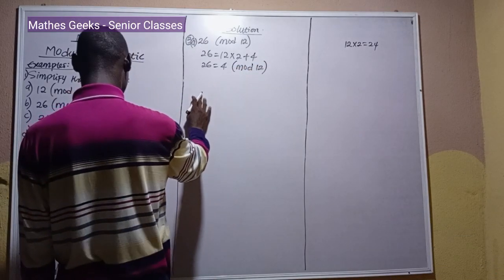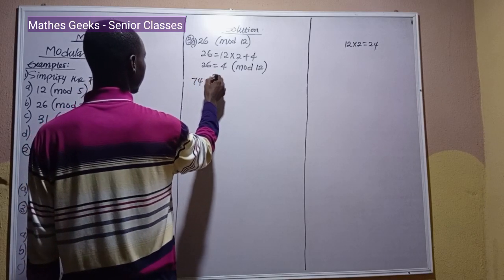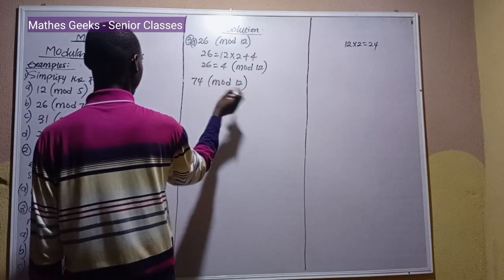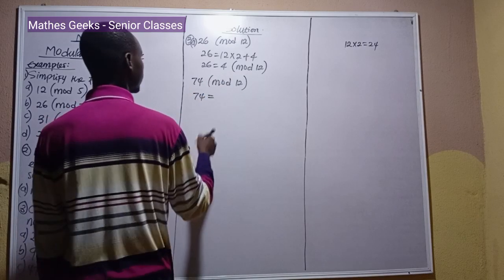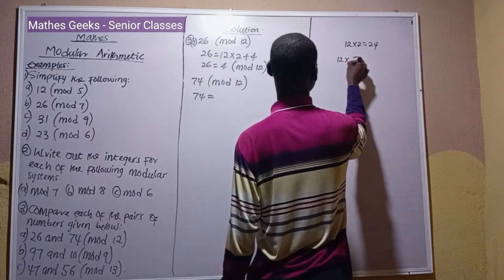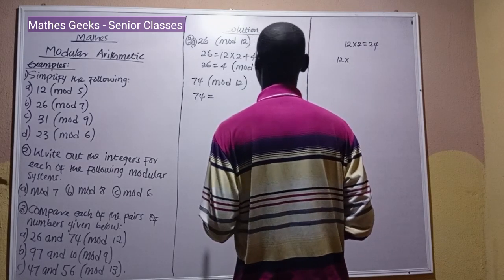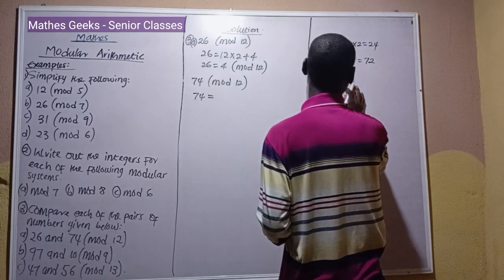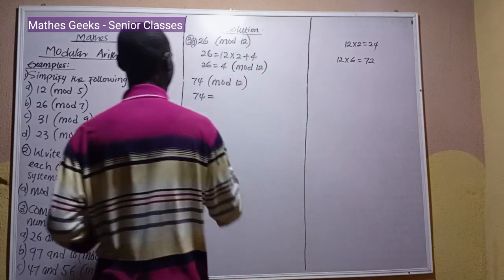So 26 is equal to 4 in mod 12. Then let's see what 74 gives us. 74 in mod 12. The multiple of 12 that is closest to 74 is 12 times 6, which is 72. What do we add to 72 to get 74?